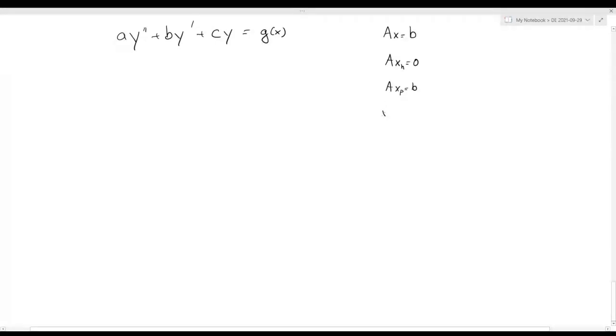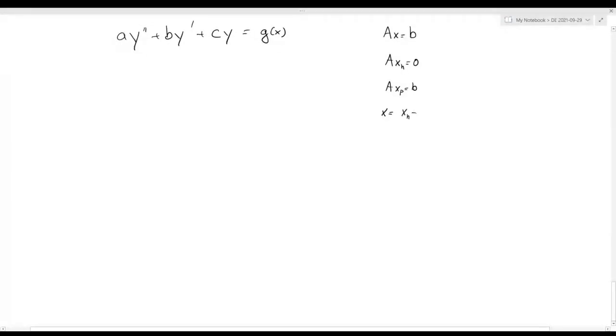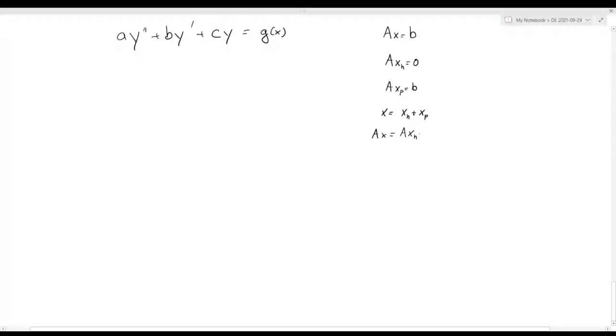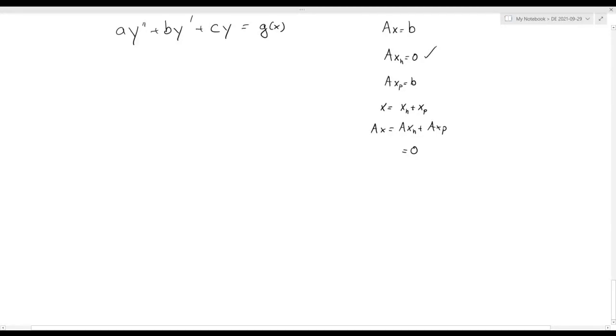The general solution is a sum of the homogeneous and the particular, because A times x would be A times the homogeneous plus A times the particular.